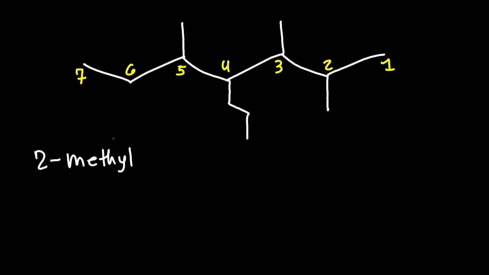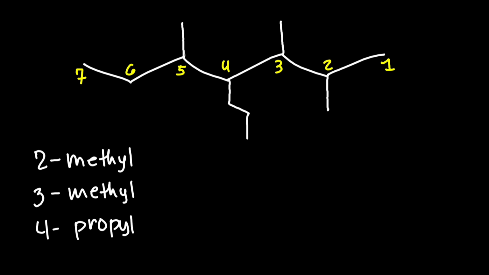The one that is located at carbon number 3, it also only has 1 carbon, which is methyl. On the fourth carbon, it has 3 carbon atoms, which would be propyl. And for the fifth position of the carbon, it is also a methyl.